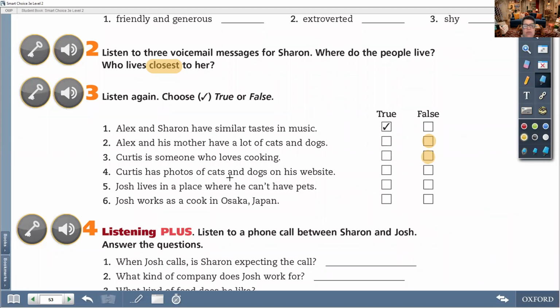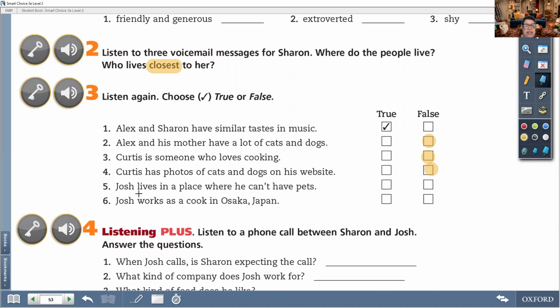Curtis has photos of cats and dogs on his website. Is that true? Yes. No. Okay. So he likes drawing. He likes drawing a lot, but he doesn't have photos of cats and dogs on his website. Okay. So let's take a look at number 3 now, the third candidate.